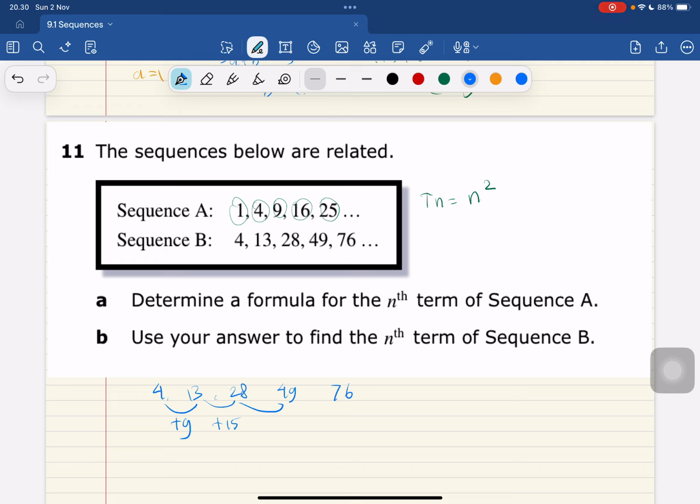After 15 we need to plus by 21. After 21 we plus by 27. Let's find the second difference. 9, so this is plus 6, plus 6, plus by 6.